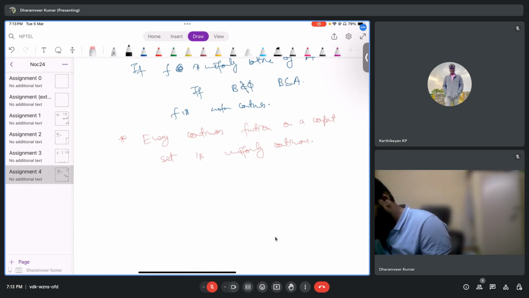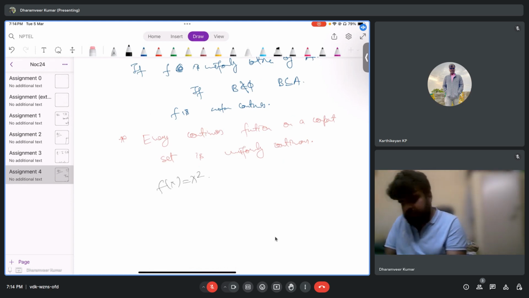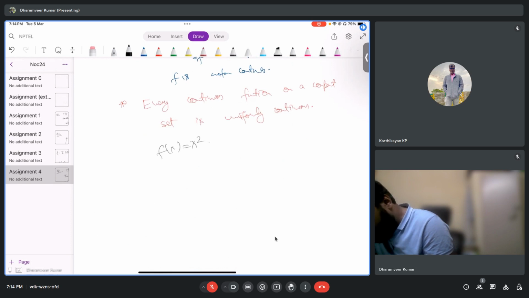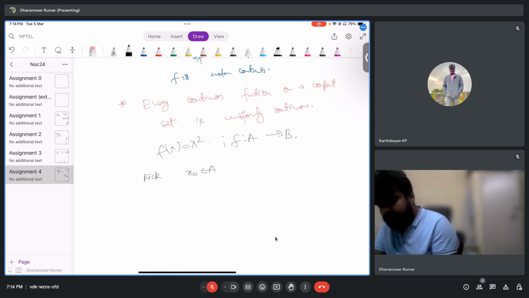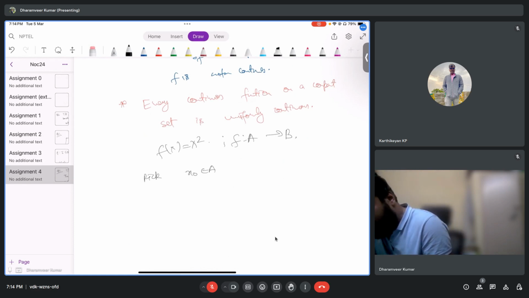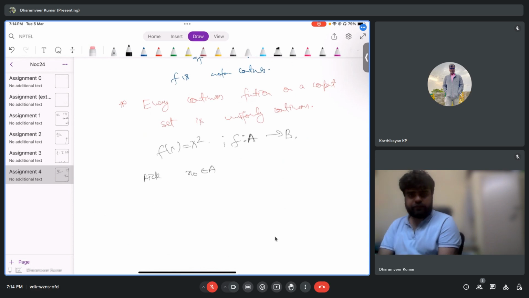Okay, so we know that f is continuous. f(x) = x squared is continuous. So let's say some continuous function f defined from A to B. You pick some x naught in A. We don't know whether A is open or closed. I've told you sequential continuity.